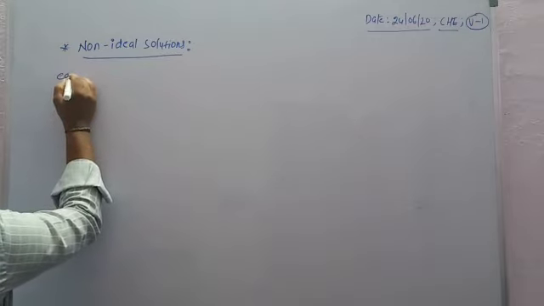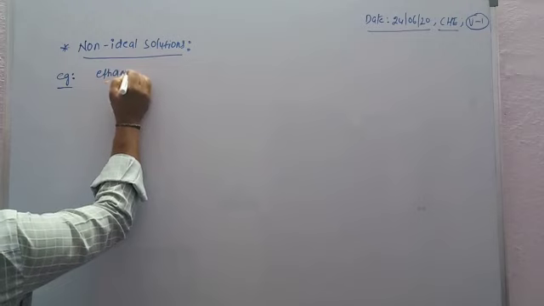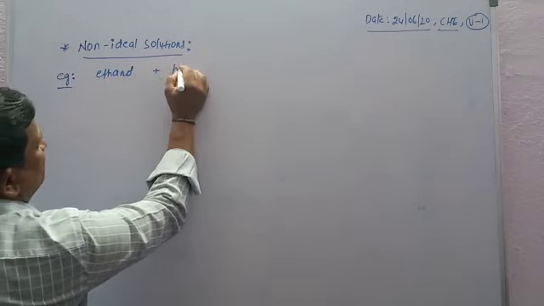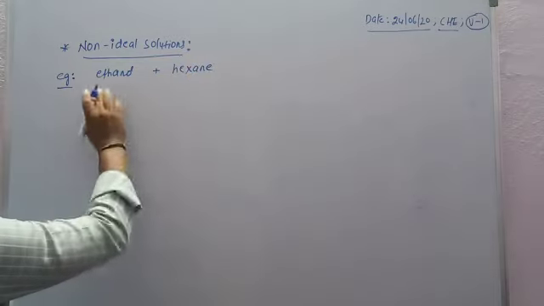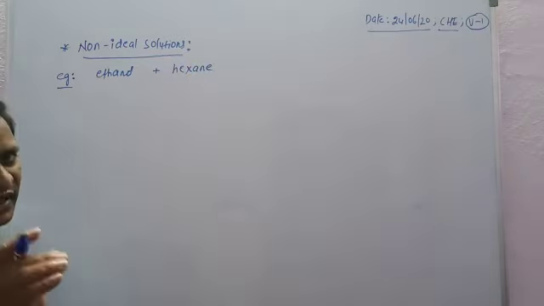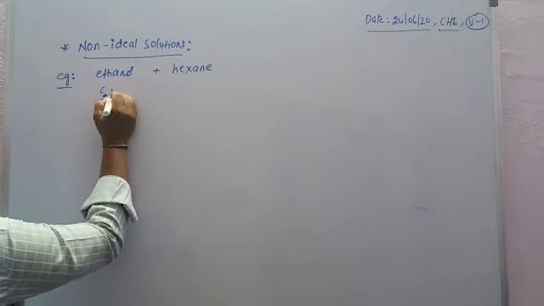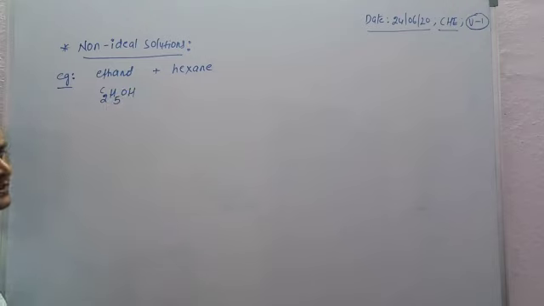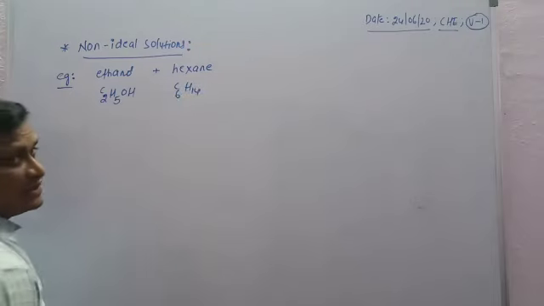The best example is ethanol plus hexane. Ethanol means simply ethyl alcohol, C2H5OH. Hex means 6, so hexane is C6H14.